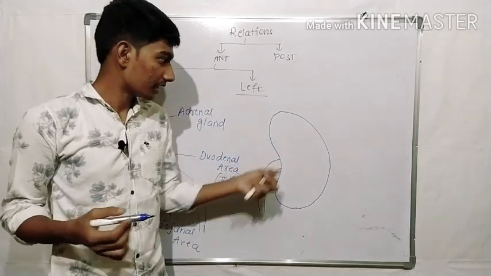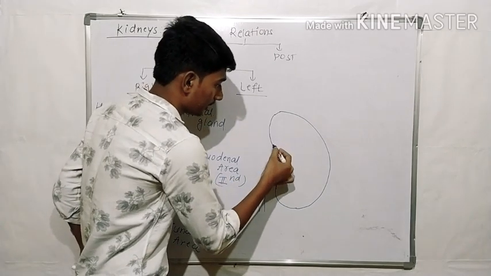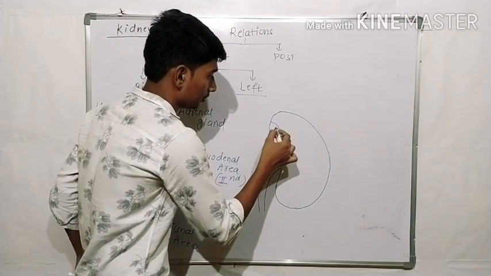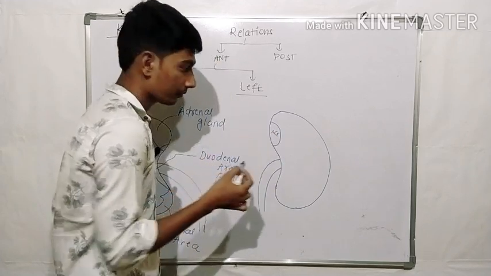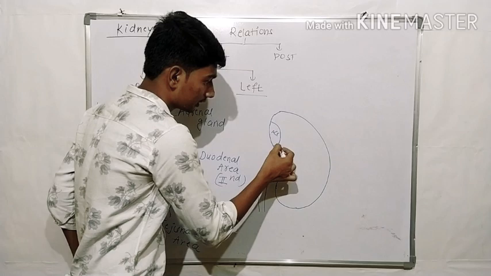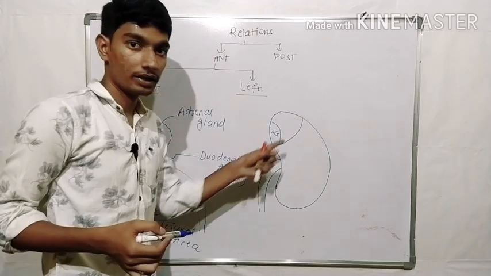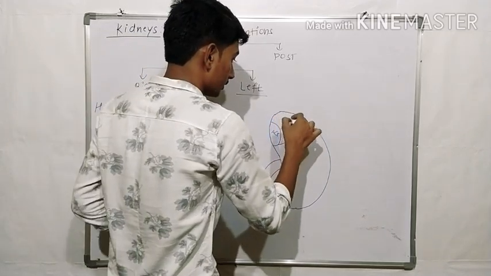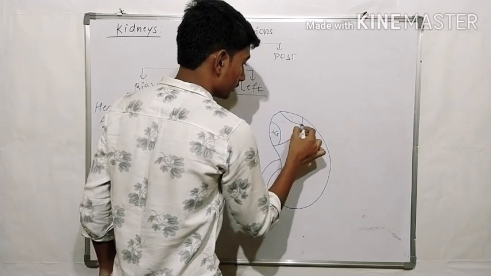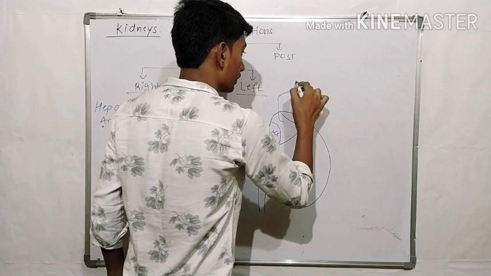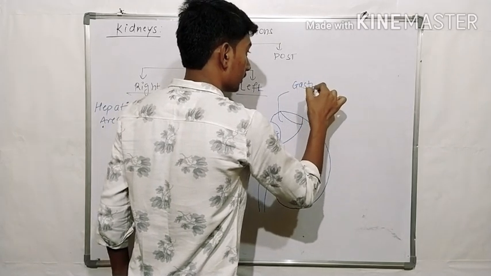This is left kidney. We have area related to suprarenal gland. This is area related to adrenal gland. Then this upper part is related to this area, gastric area.